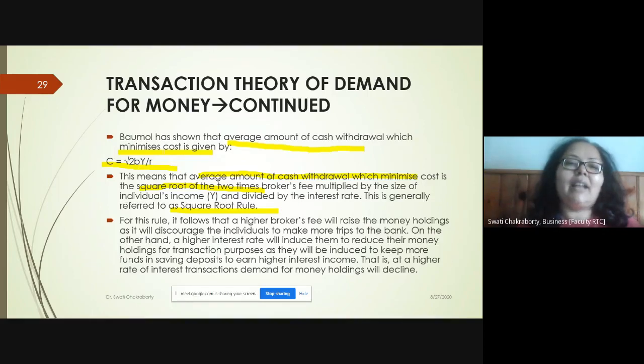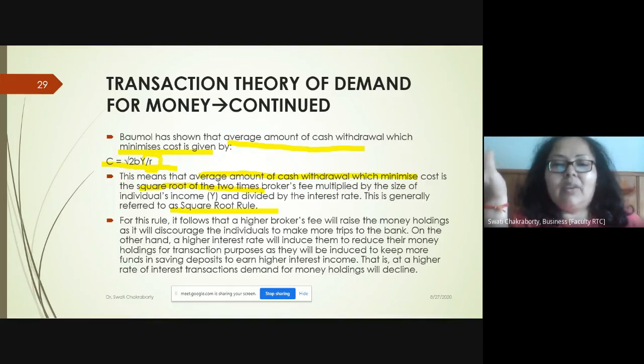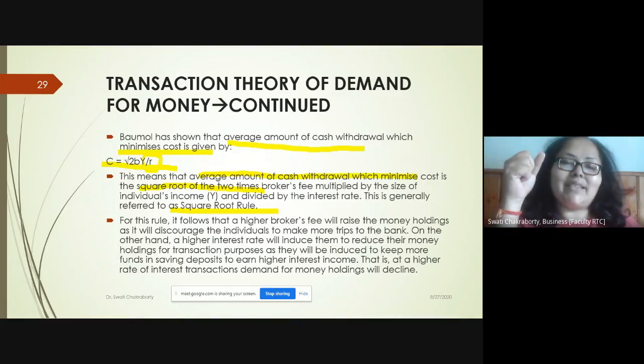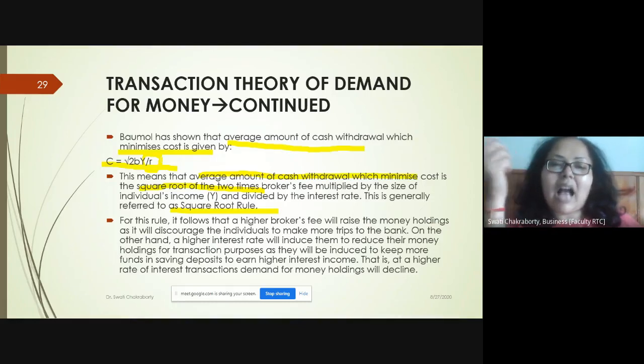On the other hand, if the rate of interest is high, they're more likely to hold less money on hand. They would want to invest more because it'll give them more income, right? Higher rate of interest, transaction demand for money decreases. Higher is the broker's fee, and higher is the transactions demand for money.